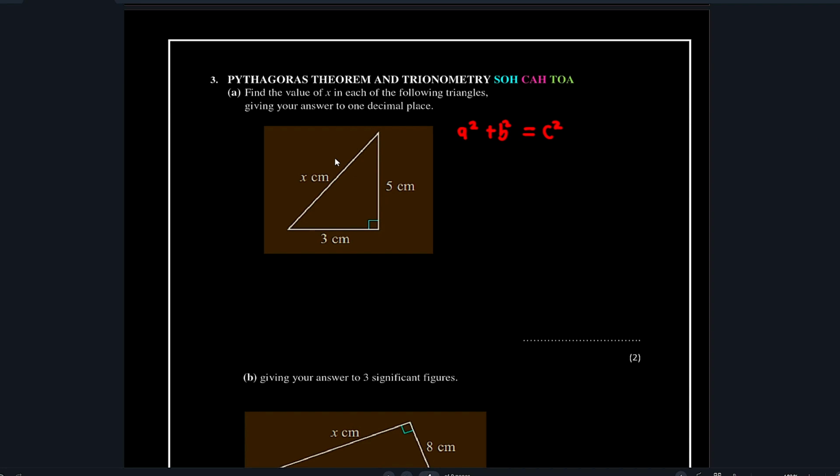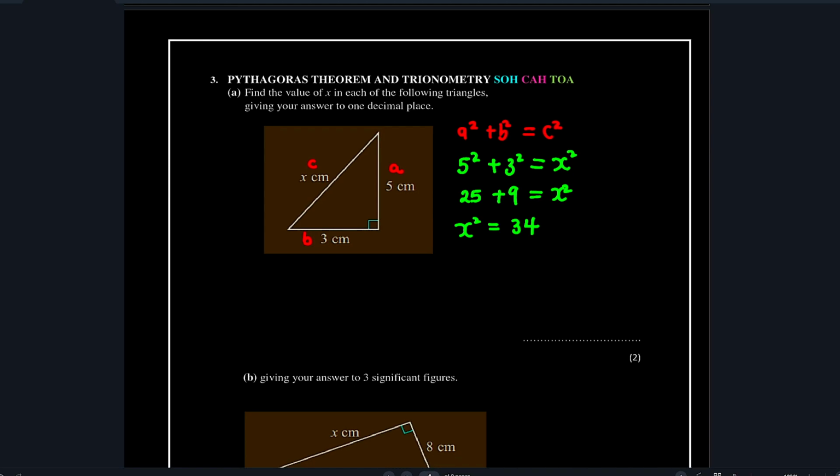Let us identify a, b, and c in our diagram so that we can substitute the values. So this is going to be 5 squared plus 3 squared equals x squared. In that case, this is going to be 25 plus 9 equals x squared, and if we add that, we get x squared equals 34.